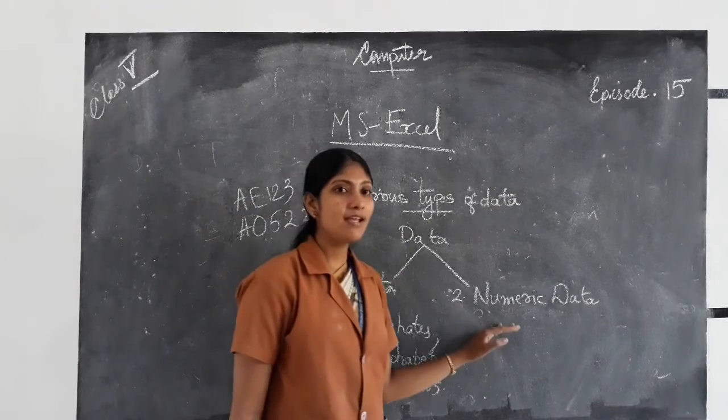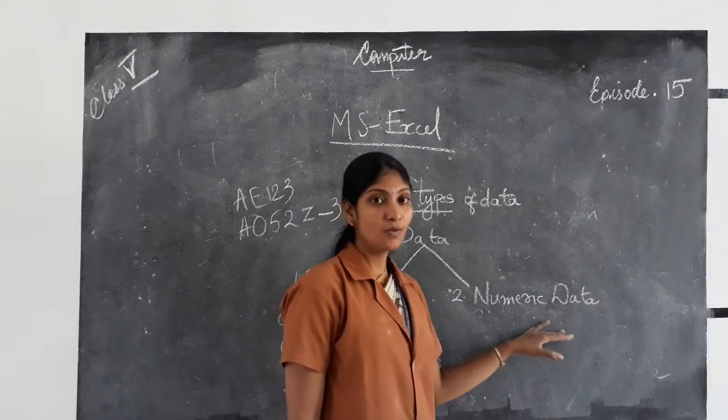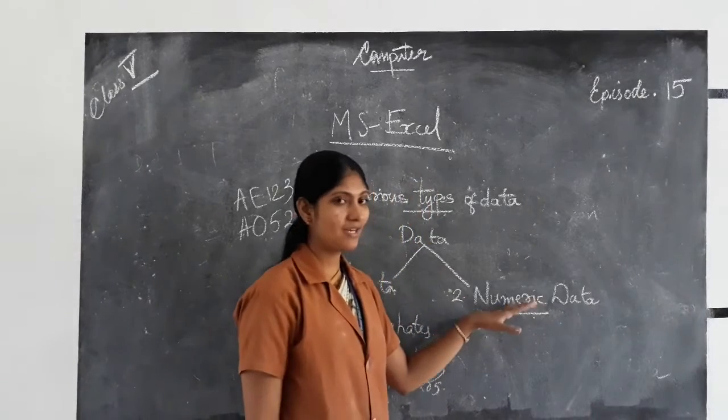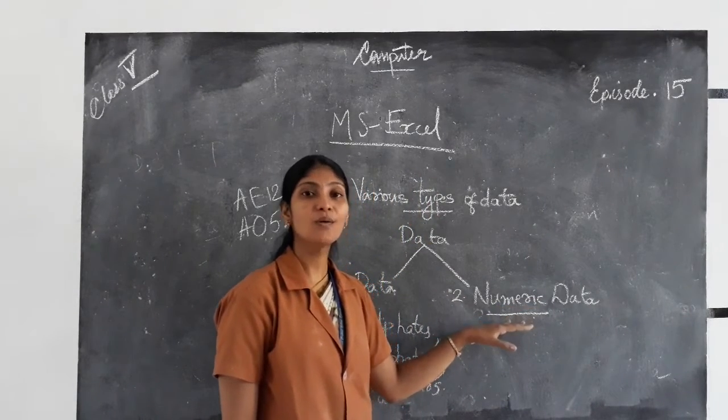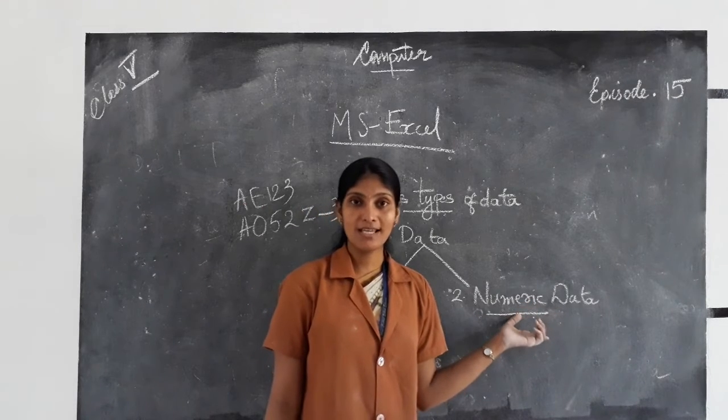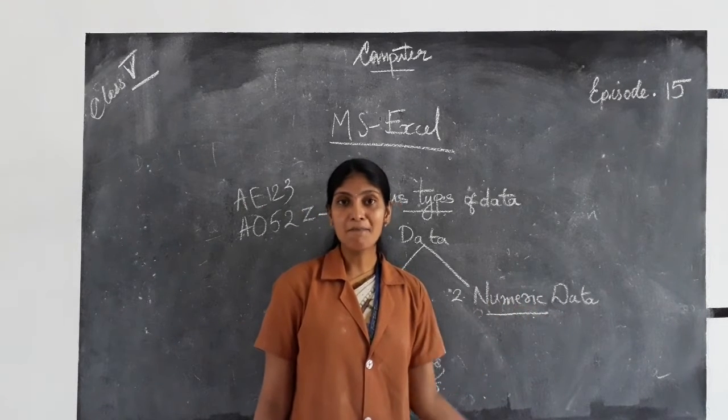Then another type of classification is numeric data. What does numeric mean? Numeric is related to numbers. So numeric data shows the number data.